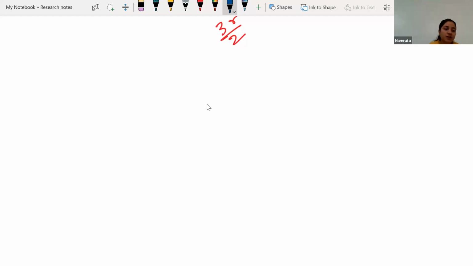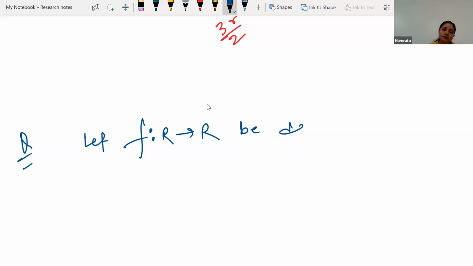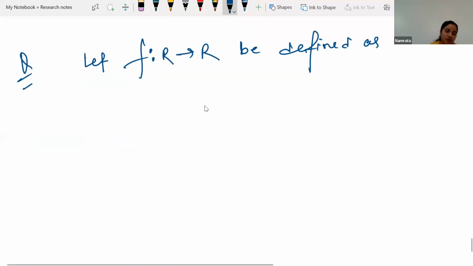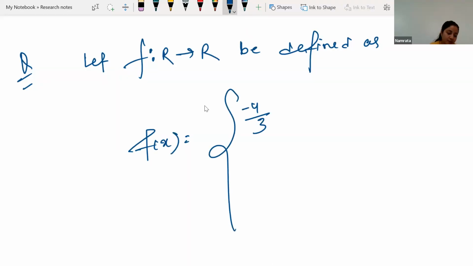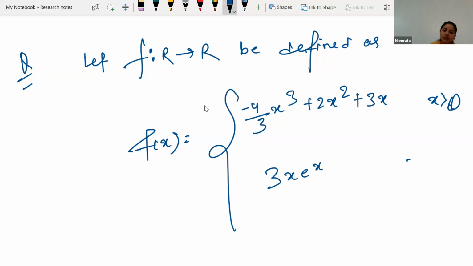If we are having a piecewise function like this, let f from R to R be defined as: f of x is equal to minus 4 by 3 x cube plus 2x square plus 3x when x is greater than 0, and 3x e to the power x when x is smaller than or equal to 0.